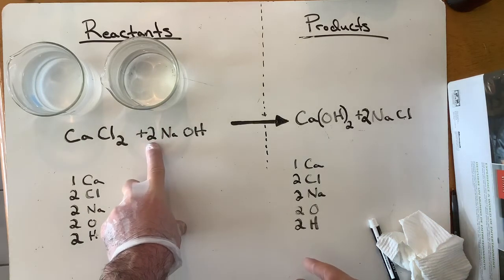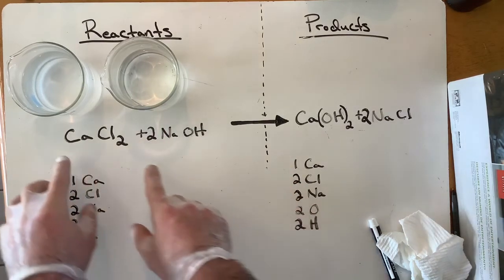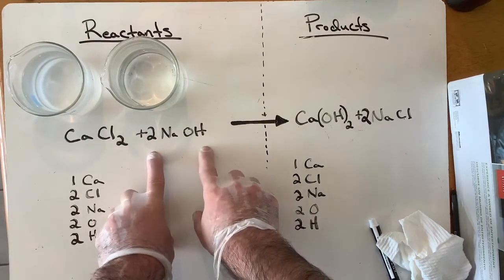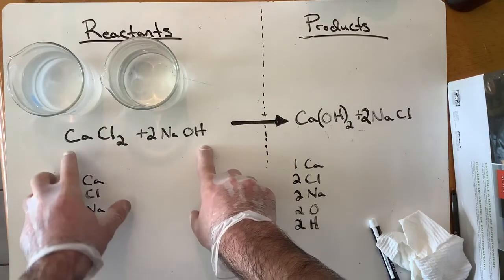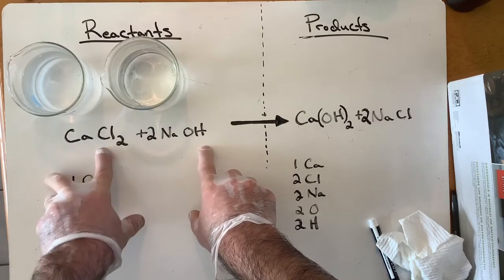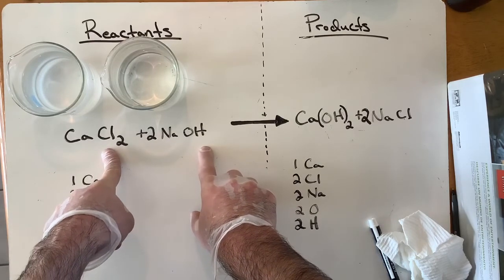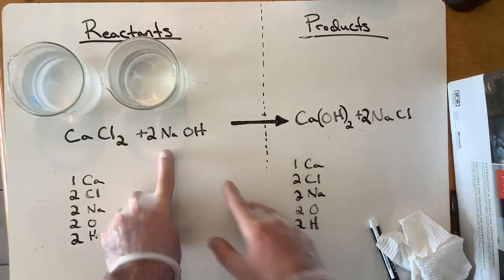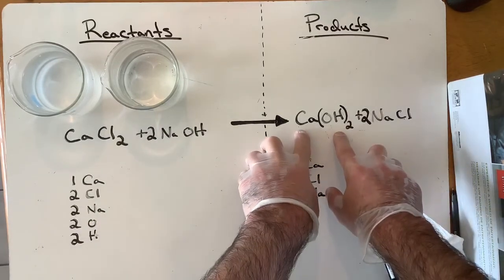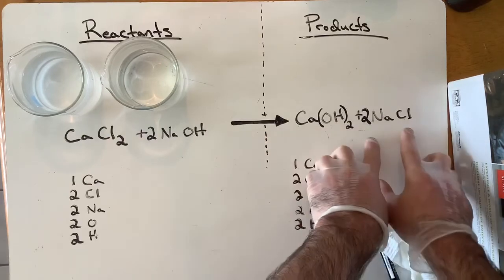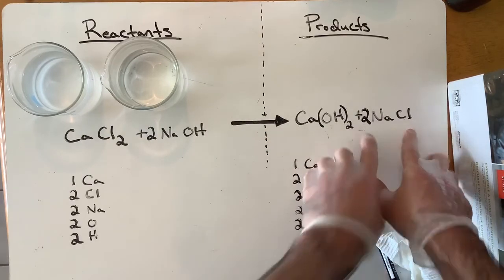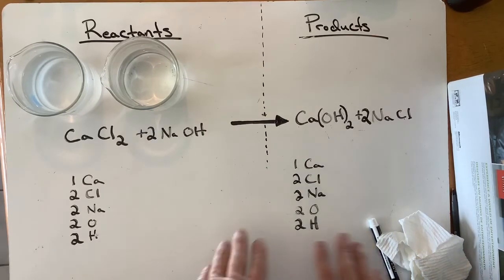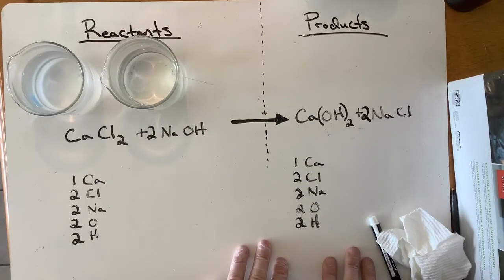What we're trying to figure out is the ratio. How many calcium chlorides to how many sodium hydroxides do I need? So essentially this means that for every calcium chloride compound that I used, I needed 2 sodium hydroxide compounds in order to produce 1 calcium hydroxide and 2 sodium chlorides. And again, this is because we're not creating any new atoms, we're not destroying any old atoms.